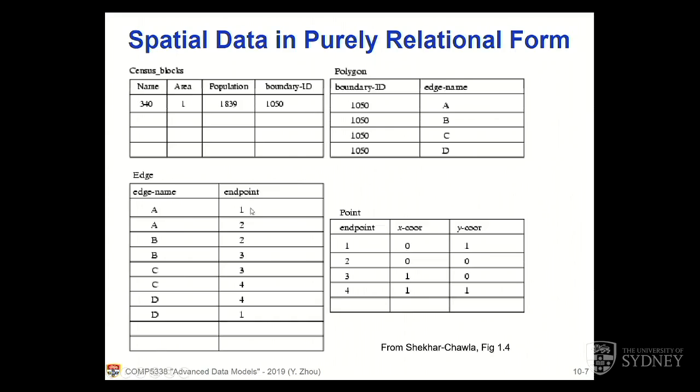And again, an endpoint is a point with a coordinate, which is not a simple type, so we might reuse them. So we save the point in yet another table. So we need four tables in the pure relational form. And then to get this boundary shape, we need to join all of them together.